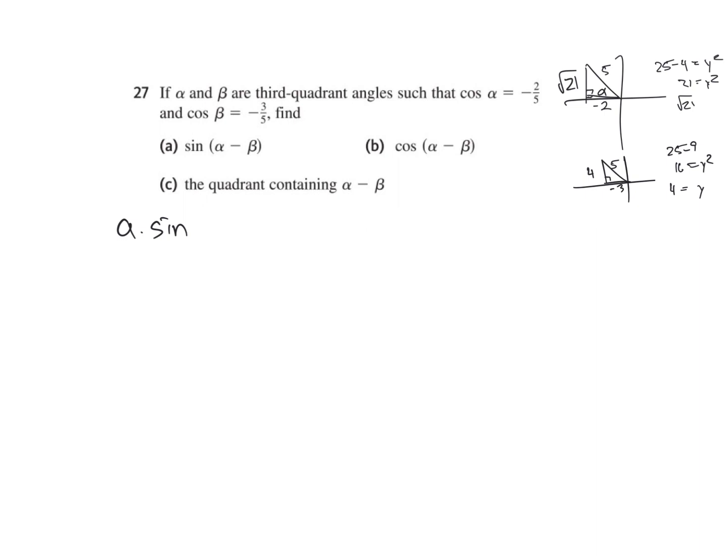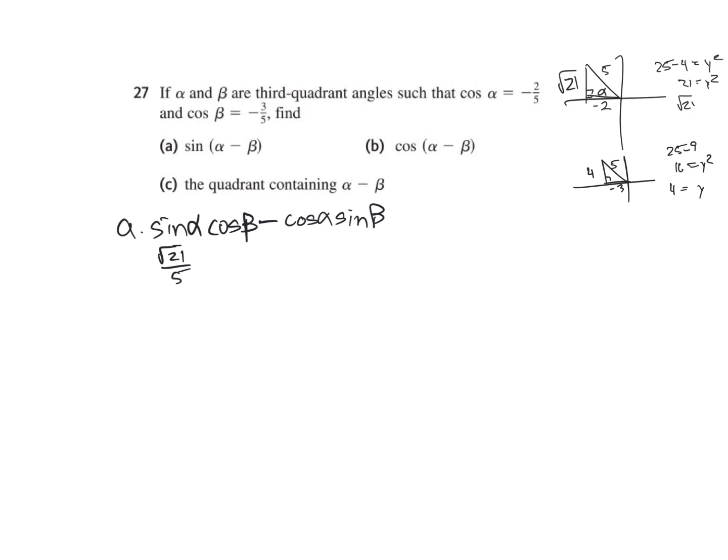So look at your formula sheet and find the subtraction. That's going to be the sine of alpha cosine of beta minus the cosine of alpha sine of beta. The sine of alpha is the opposite over hypotenuse, so that's the square root of 21 over 5.